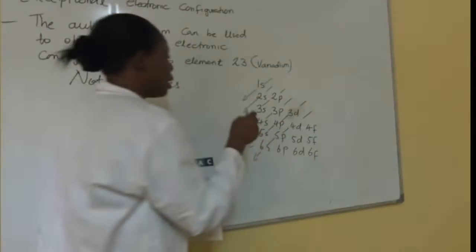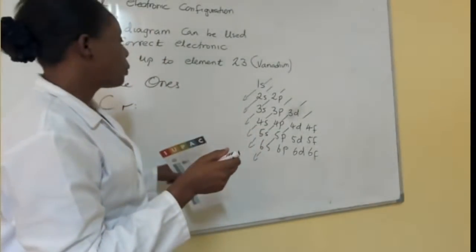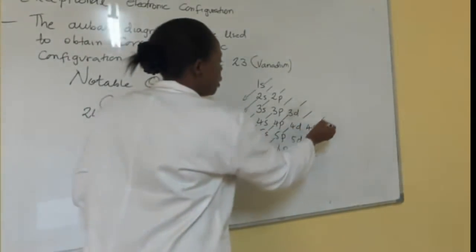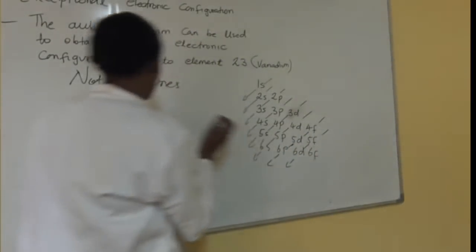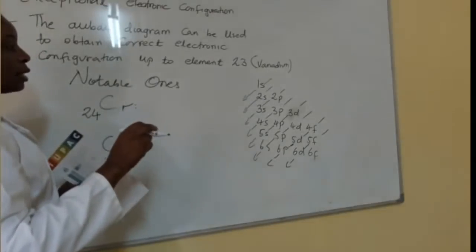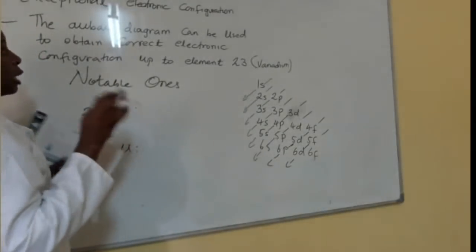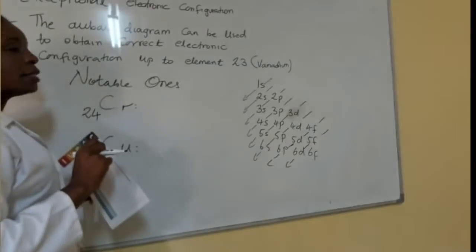So using this Aufbau diagram, and following the direction of arrows, you can actually come up with the electronic configurations, but it gives you incorrect electronic configurations.